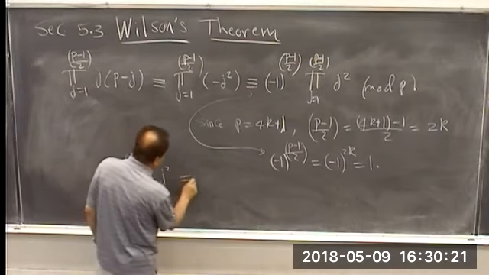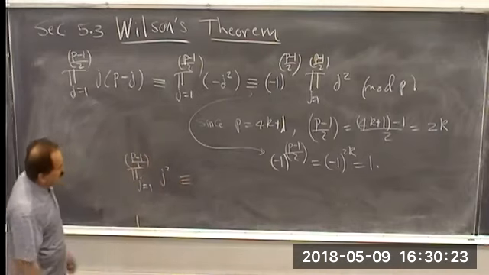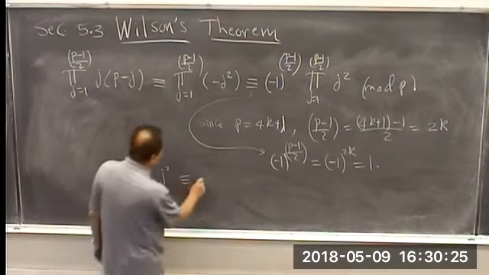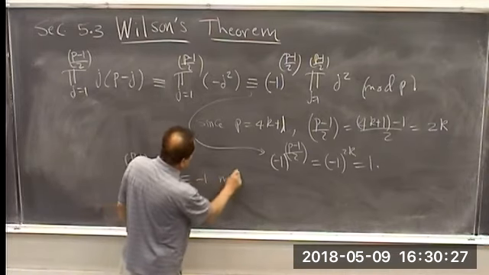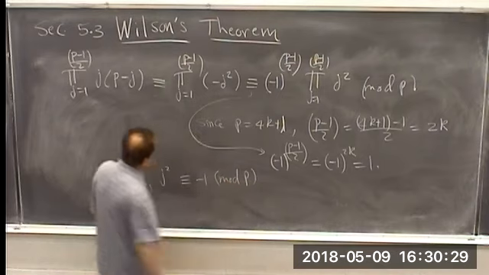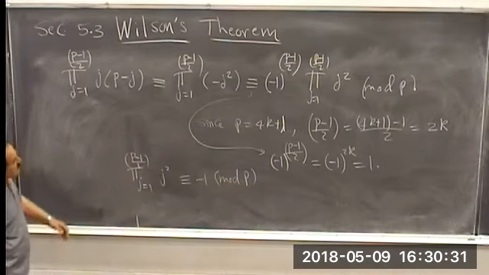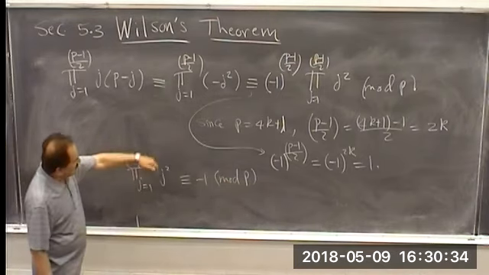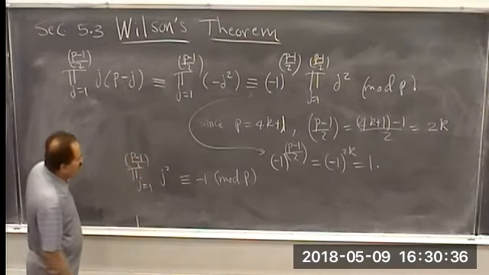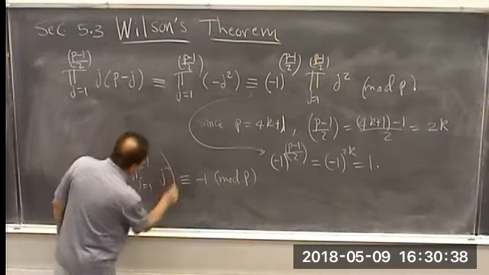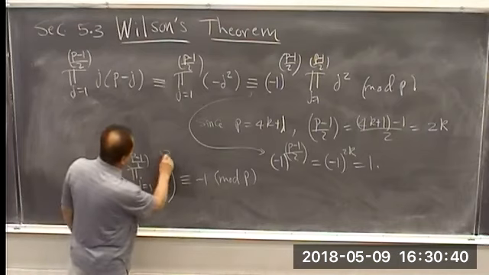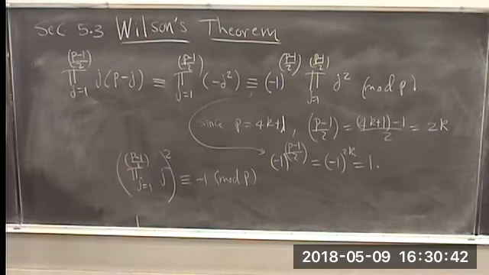Well, and now by Wilson's theorem, the other part of the congruence is congruent to negative 1 mod P. Now this product is the product of j squared. I could take the square outside, which means I multiply the numbers and then square the result.